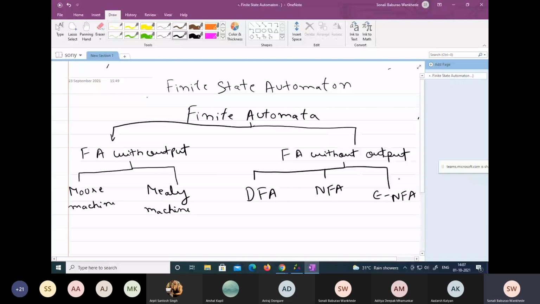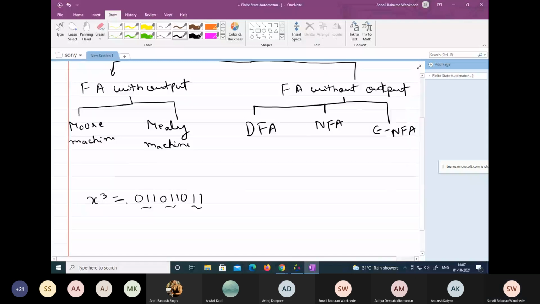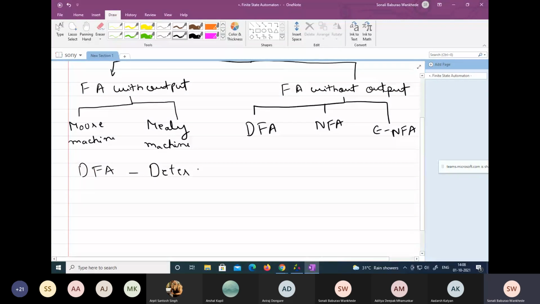Now the definition of DFA goes in this way. DFA stands for deterministic finite automata.